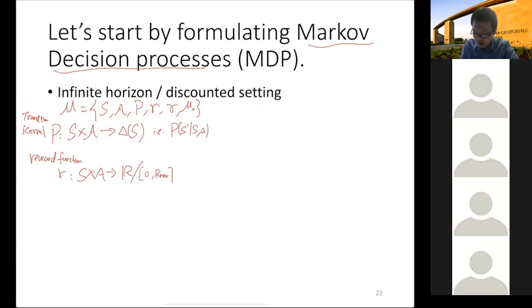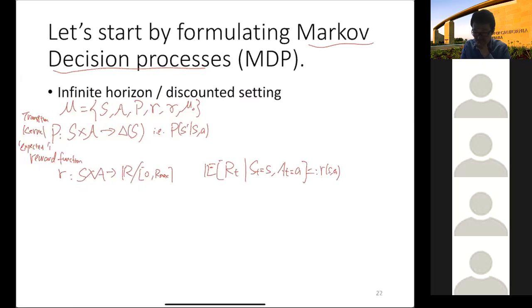So the expected reward function denotes the expected value of the reward at time t, given s_t equal to s and a_t equal to a. This is defined as R of s, a.